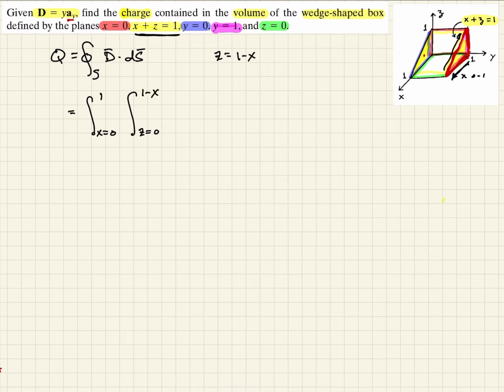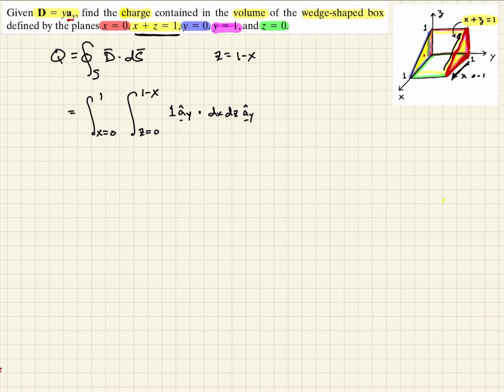And that's going to be integrating on that plane, y is equal to 1. So our D term then is just 1 a_y hat, which is the unit vector. That's going to be dotted with dx dz, two variables of integration, and they are perpendicular to a_y hat. So this dotted with this is going to equal 1. So your a_y hat dotted with a_y hat is equal to 1.